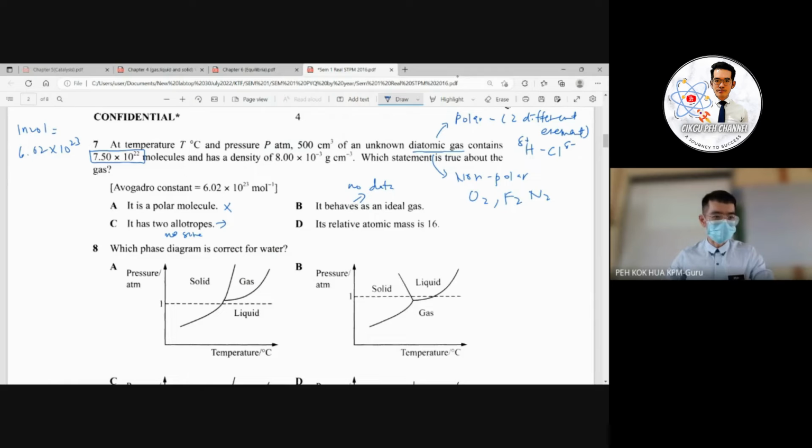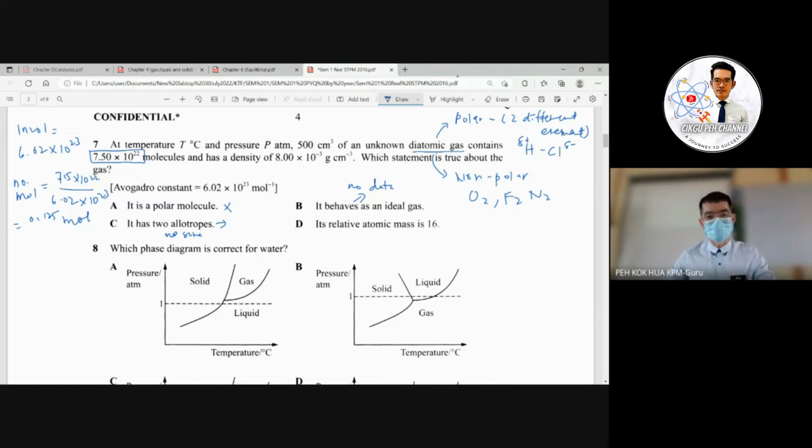So from here we can get the number of moles. The number of moles for the diatomic gas will be 7.5 times 10 power 22 divided by 6.02 times 10 power 23. So we get 0.125 mole.